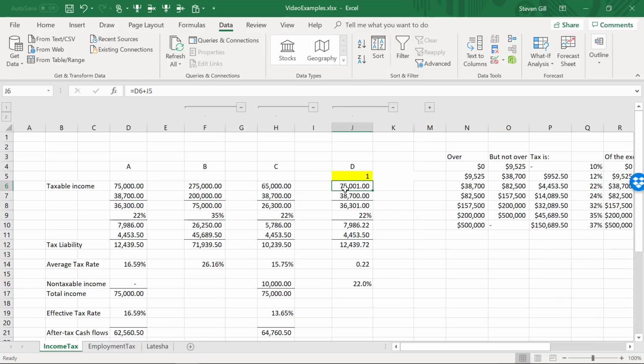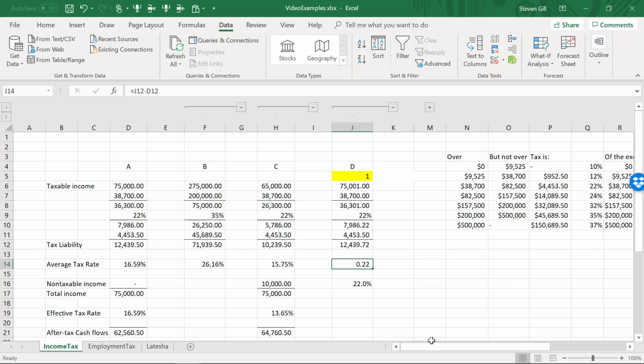So if I take SpongeBob's income and I give him one additional dollar of income, he now makes $75,001. We can see that we would run it through the brackets and calculate out that his tax is now $12,439.72.